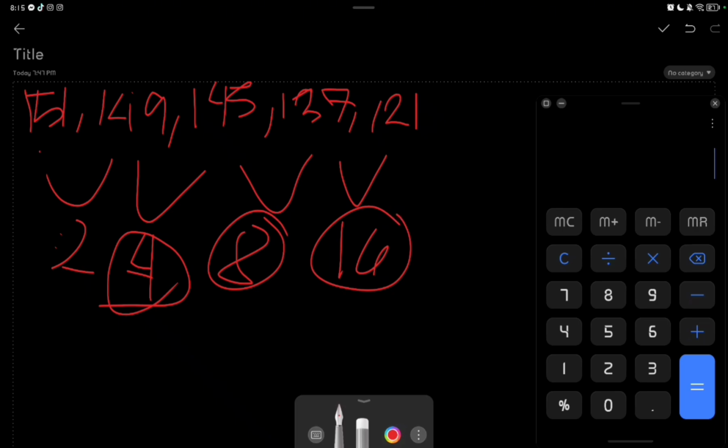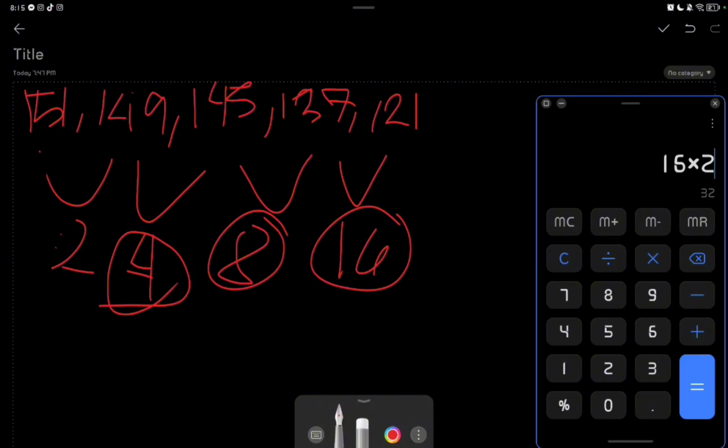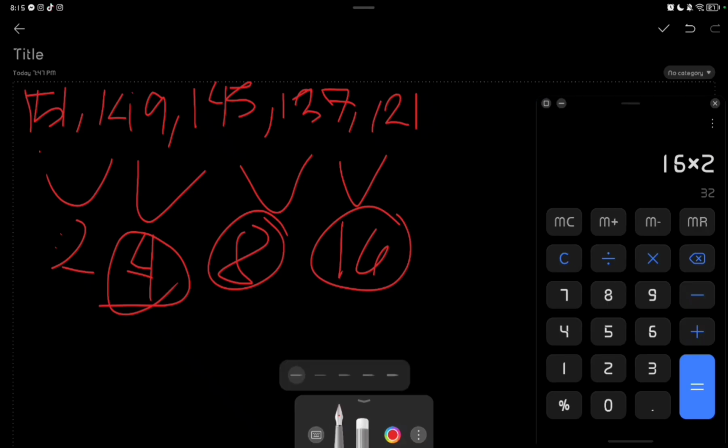So to get the next, 16 times 2 is equal to 32. So the next number that we will subtract from 121 is 32.